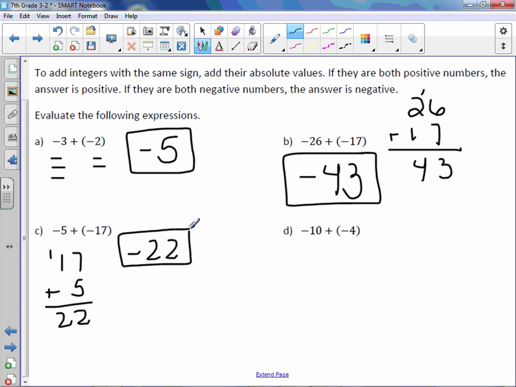10 negatives and 4 negatives results in 14 negatives, or -14.